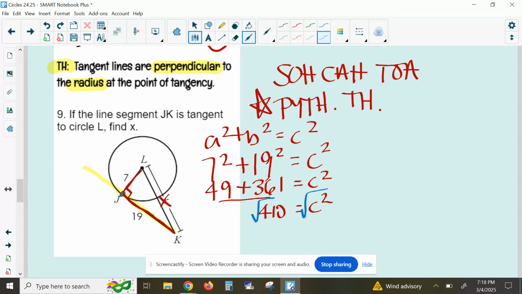The square root of 410 is approximately 20.25-ish. So that means that x is equal to about 20.25. Let's put that on our picture, 20.25. Does that make sense? We've got a 19 and a 7. 20 has to be the longest side, so that does make sense.